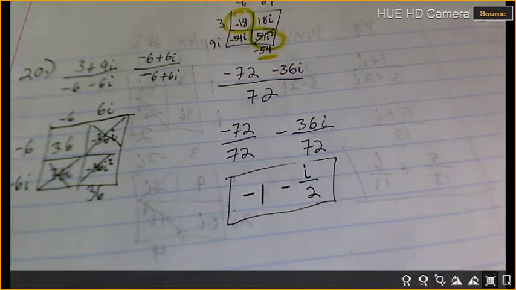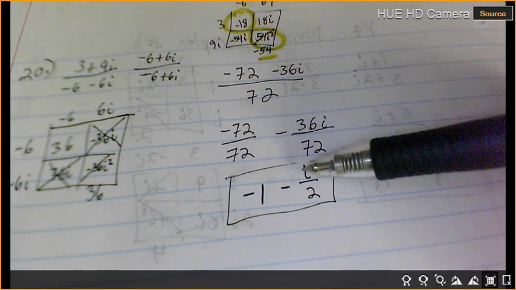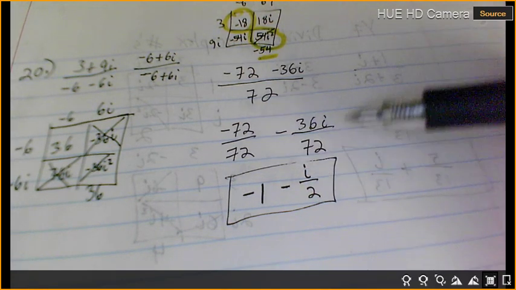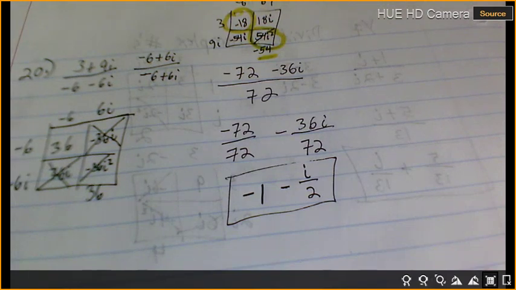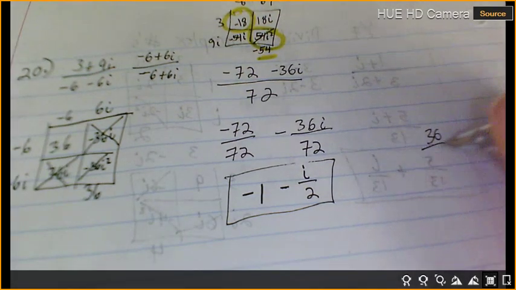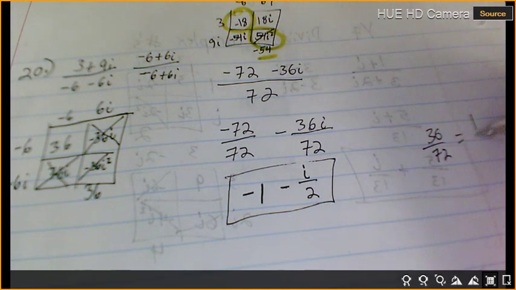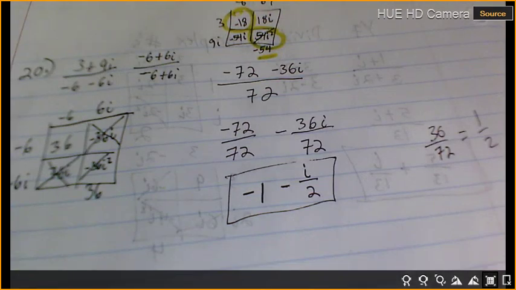You could put 1i or just i over negative 2. I'm just reducing those fractions again. If you put in your calculator 36 divided by 72, it'll come up with 1/2. And I can open the calculators up.